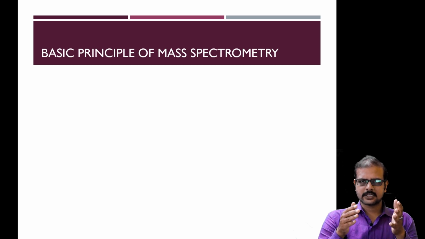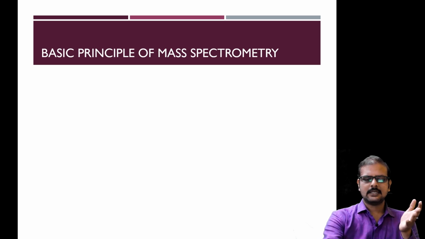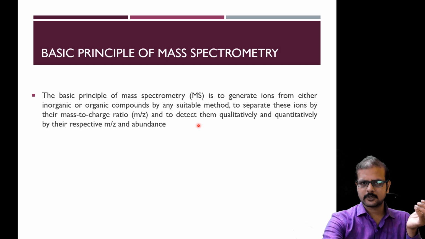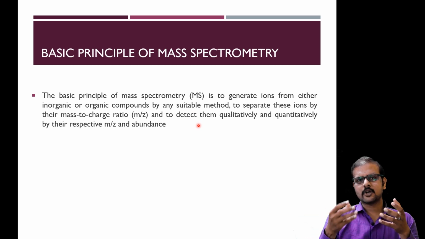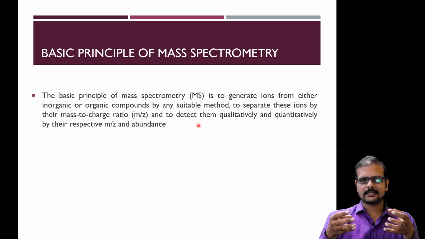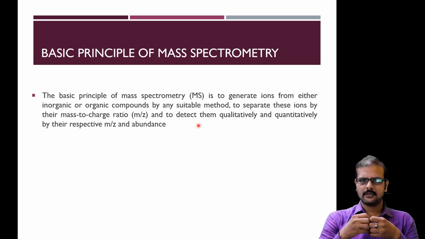The basic principle of mass spectroscopy is to first convert the molecule into an ion, or a positively charged species, so that we can collect the mass spectrum by detecting it with the help of a mass analyzer. There are a few techniques which convert the molecule into ions. We will see them in the later slides.